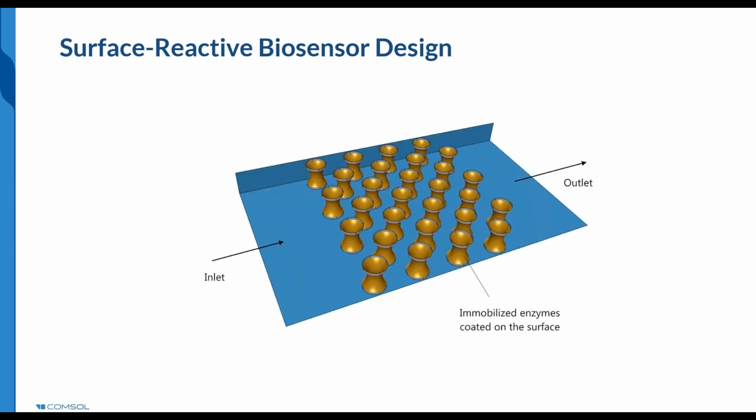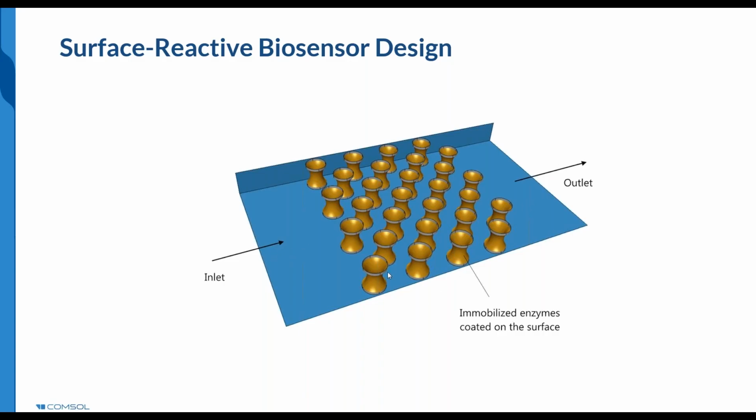Moving on to looking at the biosensor in a little bit more detail, the schematic here shows one possible arrangement for our biosensor. Here we have an enzyme immobilized on our detector pillars, and we have a flow coming in from the left to the right.